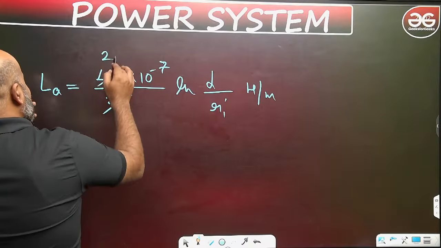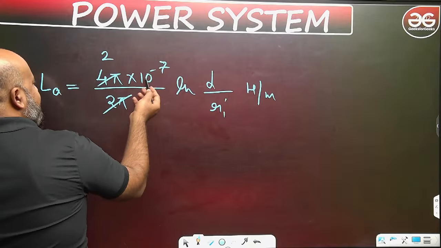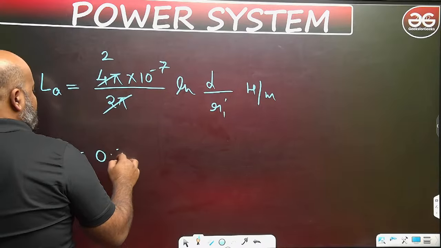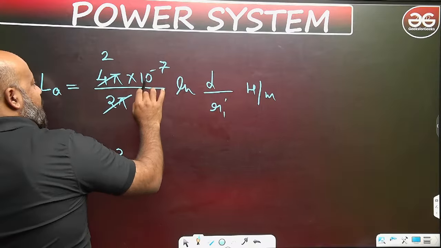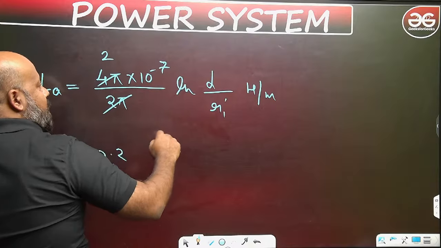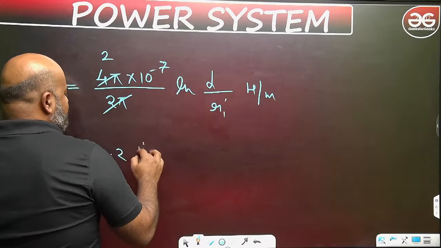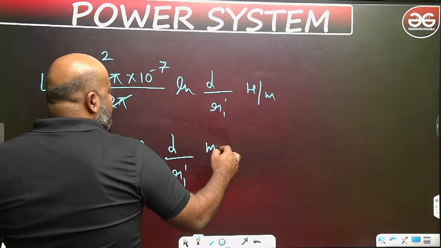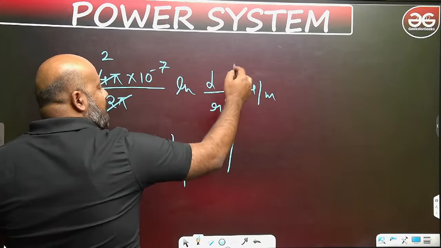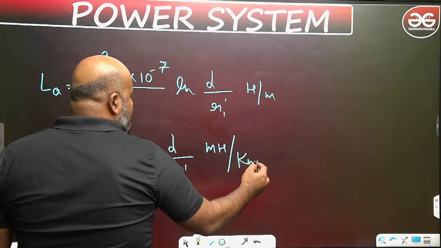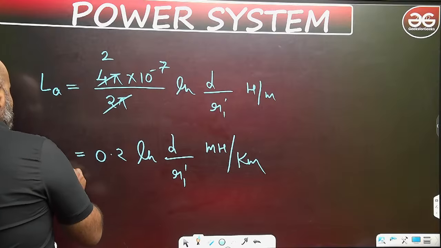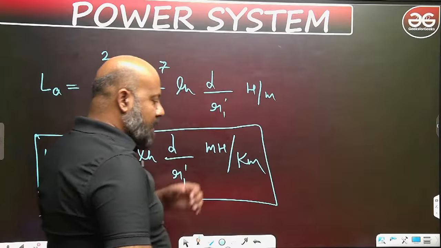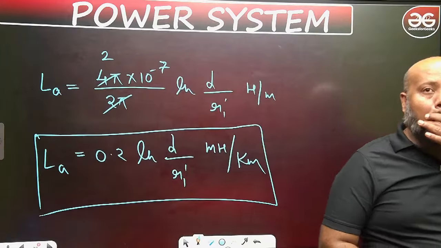I take a 10 to the power minus 1 and multiply it with 2, so it becomes 0.2. The remaining 10 to the power minus 6 I distribute to Henry and meter, so they become millihenry, and the 10 to the power minus 3 coming down makes it kilometer. So this is the final expression for the inductance calculation. Everybody tell me in the comment section, are you able to get this or not?